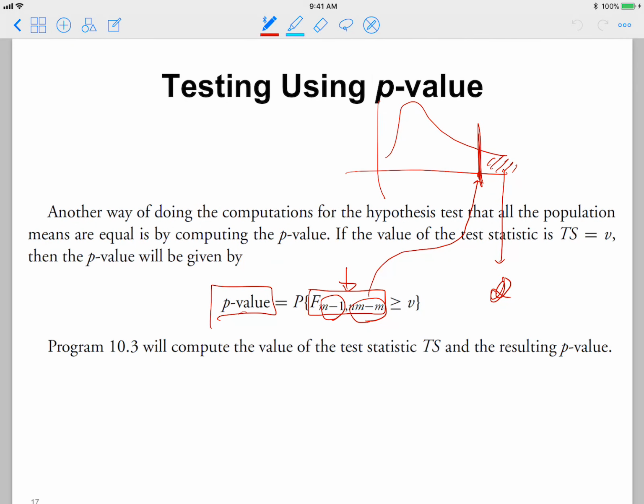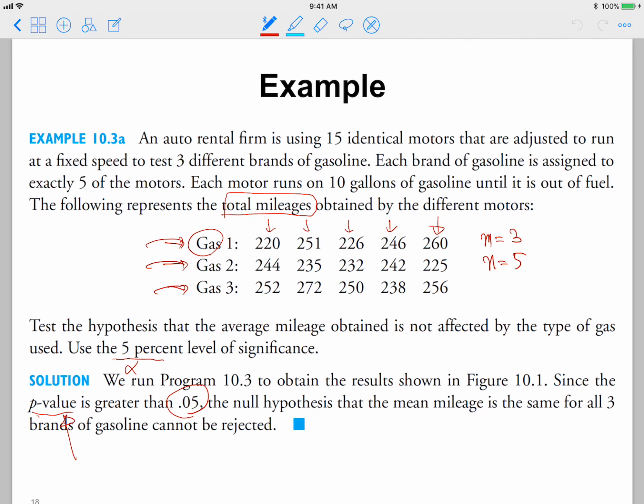Then the null hypothesis should not be rejected, and we still have to conclude that these different gasolines do not give a significantly different effect on the total mileage a car can go.